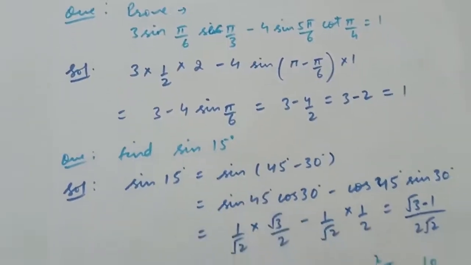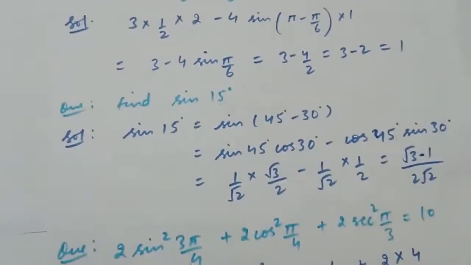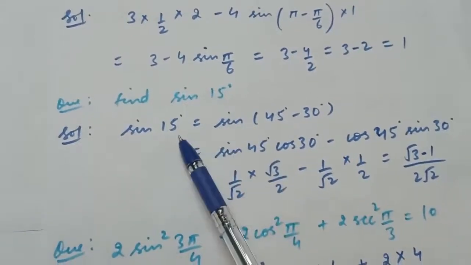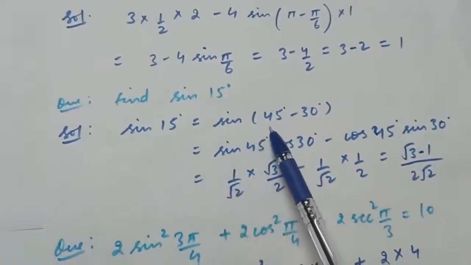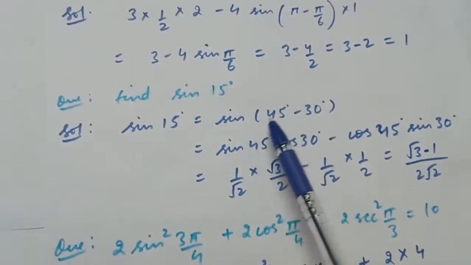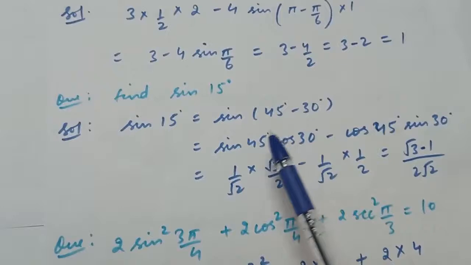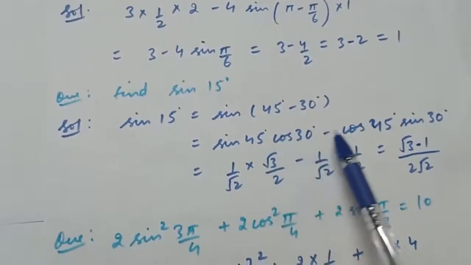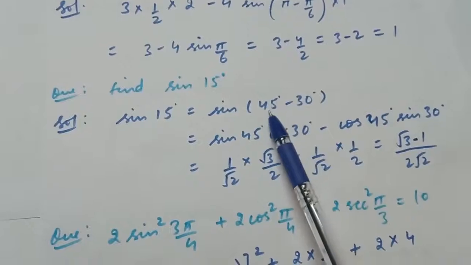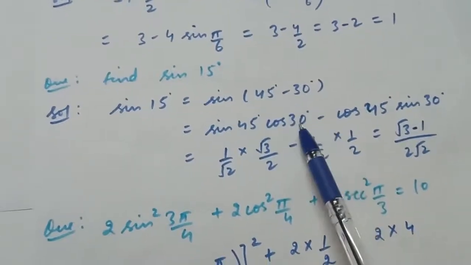Now the next question is, find sine 15 degree. Now we don't know what sine 15 degree is. So writing 15 as 45 minus 30. Now we know the formula of sine a minus b, which is sine a cos b minus cos a sine b. Here a is 45 degree and b is 30 degree.